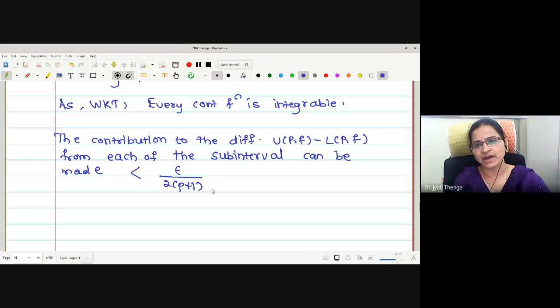Understood now why I am taking this P plus 1 in the denominator? Because this is the contribution by one subinterval. And how many subintervals do we have? P plus 1. The contribution totally will be P plus 1 into epsilon upon 2 times P plus 1, so that P plus 1 will get cancelled and we will get only epsilon by 2. Is it clear to everyone?